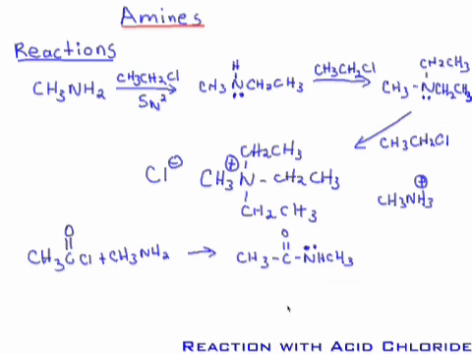Well, an amide's not an amine, but we learned that if you take an amide with lithium aluminum hydride in ether and then H2O, we can reduce an amide to produce an amine.